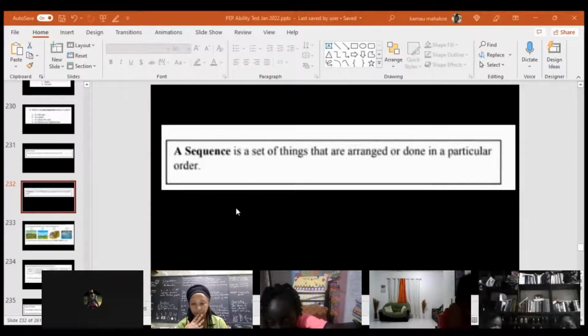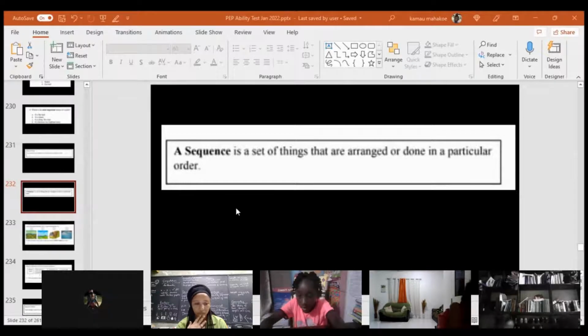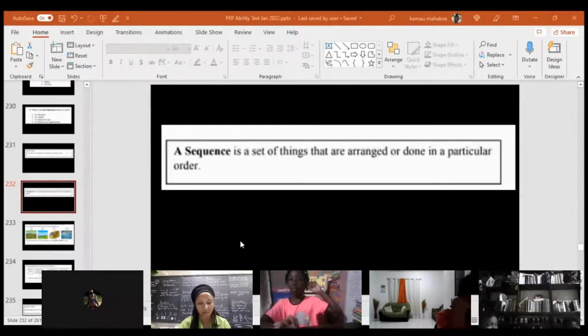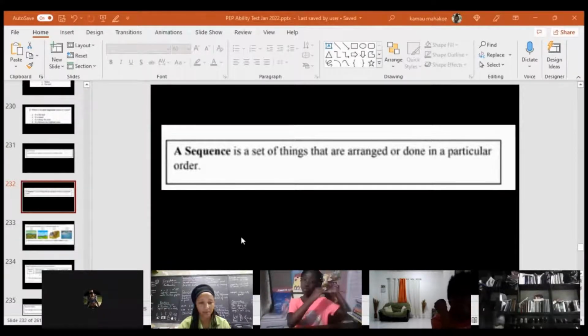A sequence is a set of things that are arranged or done in a particular order.